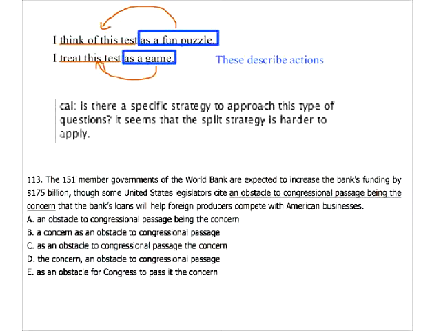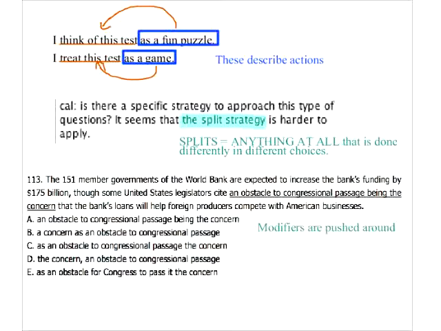Because a split doesn't have to mean like, oh, these things are directly underneath each other. That's not accurate. I mean, splits are just anything that is different at all between the choices. So, splits is anything at all that is done differently in different choices. So, like, anything that changes at all. So if modifiers are pushed around, that's a split.